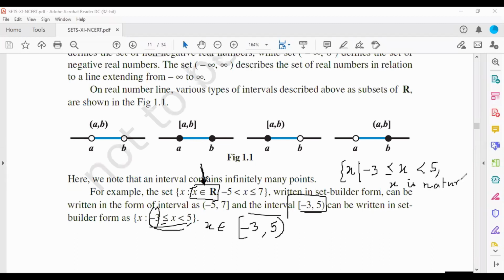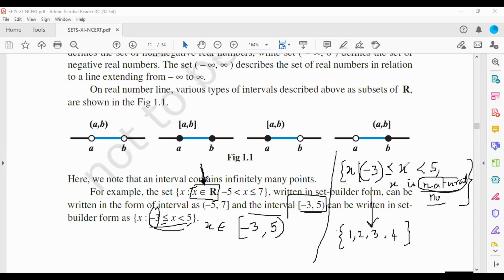Last week we talked about this a lot. You have to check the qualifier: if it is a natural number, then all this interval is useless. Now you have to give the answer in the form of a set. What numbers will you find in the set of natural numbers? You cannot begin at -3, you cannot begin at -2, the next integer -1, no. 0, no. Only from 1 will you start. So this will be the answer, where x is a natural number.